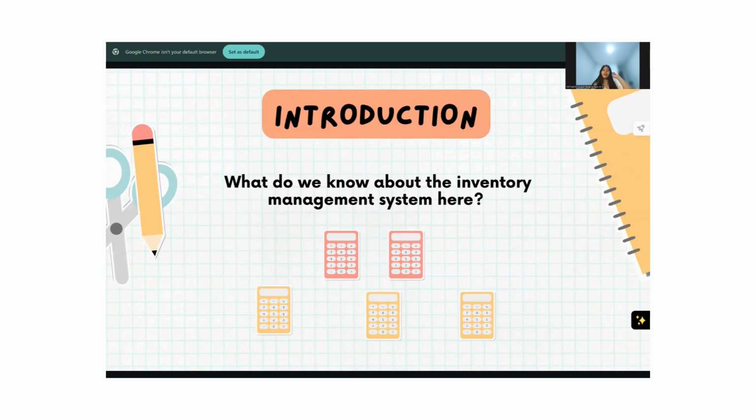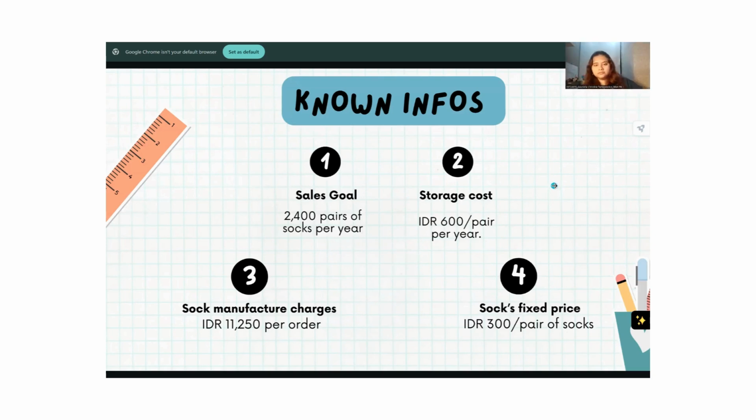Alright, so for an introduction, what do we know about the inventory management system here? So this will be explained by my friends. As we know from the case that we have received, we gathered known information such as what we can see here in the slide.